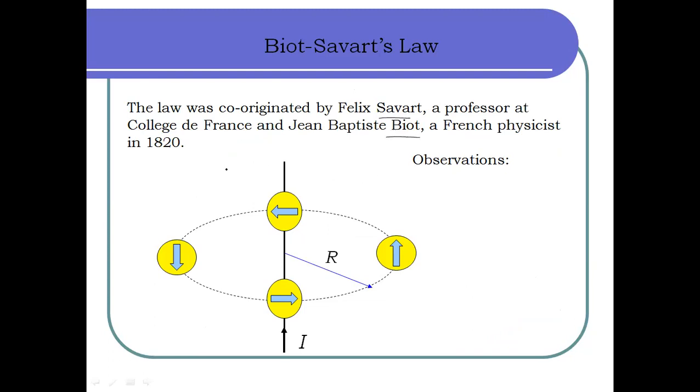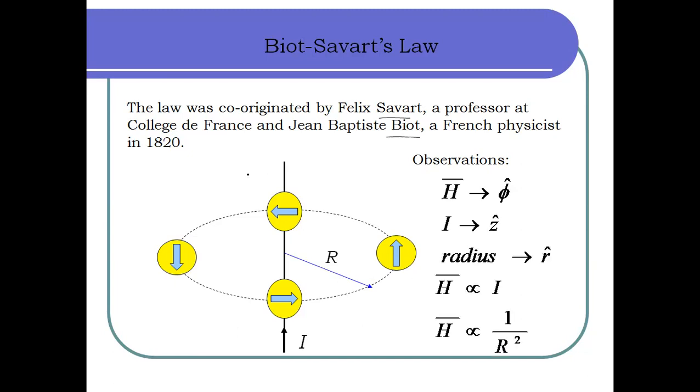This is an experiment done by them in which there is a DC current and four compasses with needles. The compasses are all located at the same distance r from the line current. These are the observations made by Savart and Biot.